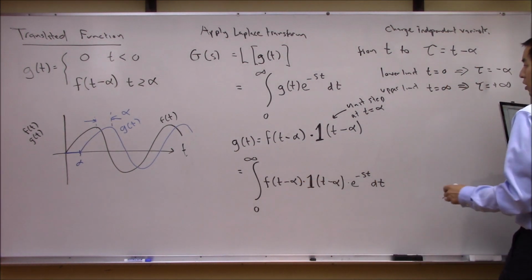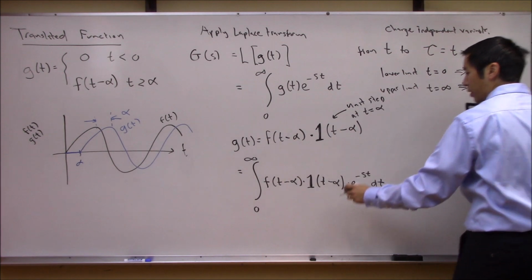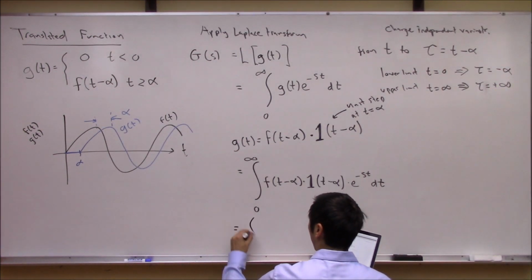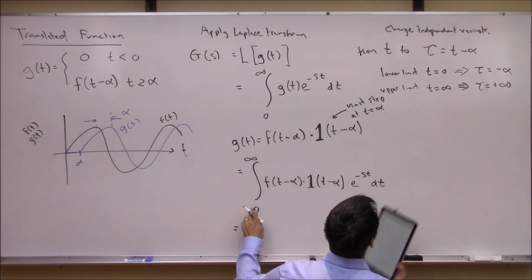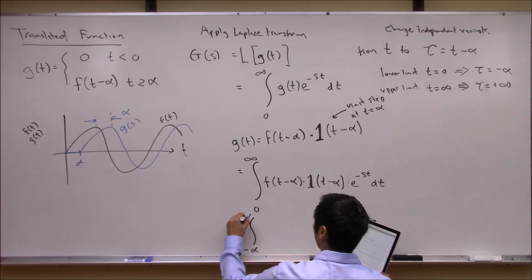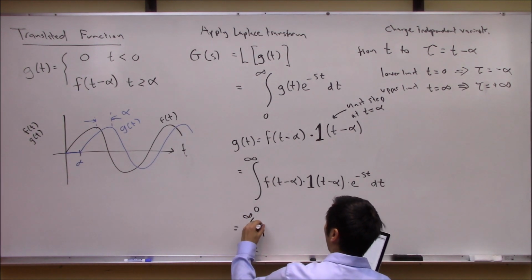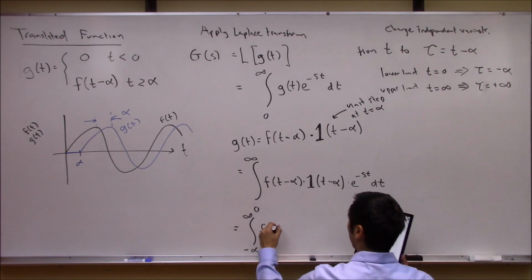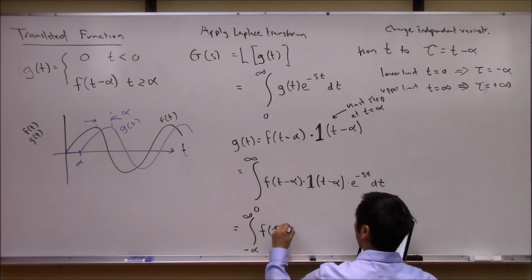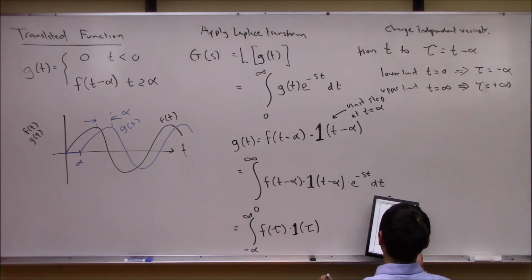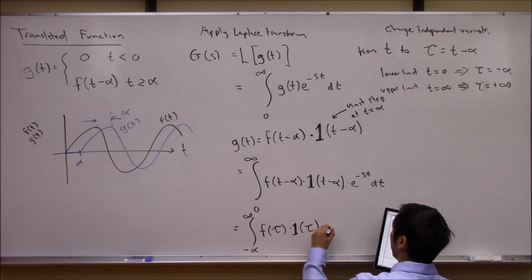Let's write the integral down here so it's all in one place and we can easily compare. The lower limit is now minus alpha, and the upper limit is still positive infinity. Now I can write this as f of tau times a unit step of tau, times e to the minus s.